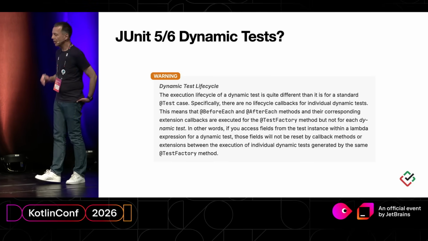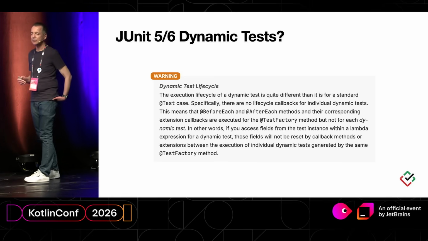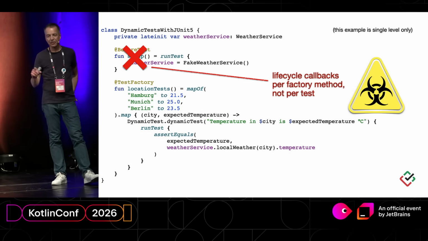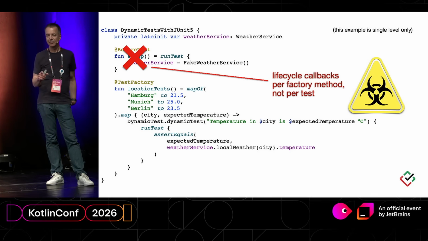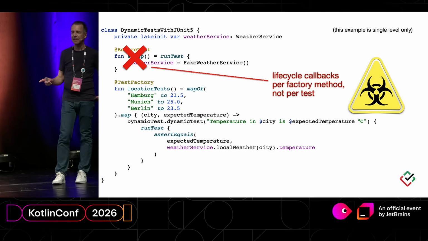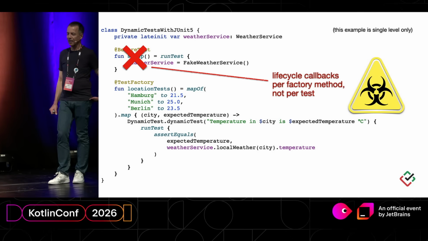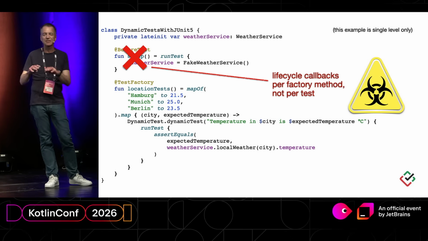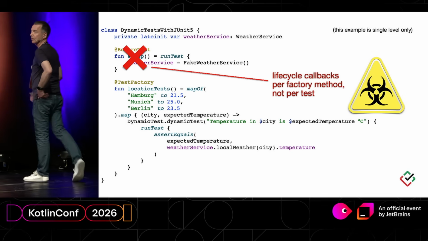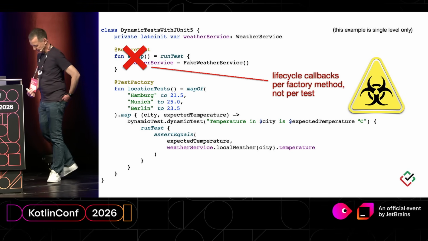And while this is possible, with dynamic tests, you lose all the usual fixture support, because now you no longer have the fixture set up per test, but you have it per test factory. And now all tests share one fixture. Yeah, so it changes the execution model just because we want to parameterize. And in this example I've just chosen a single dimension to parameterize because the code gets so bloated that the screen size would not be proper for an audience of this size.